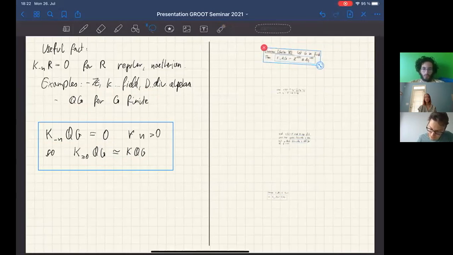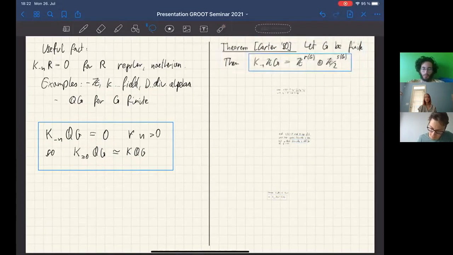In the case of the integers as a base, this is a bit more complicated. Carter proved this in 1980. If you have a finite group, of course, this only works for a finite group, then the integral group ring has one negative K-theory group, which only has a free part and a mod 2 part, a 2-torsion part.